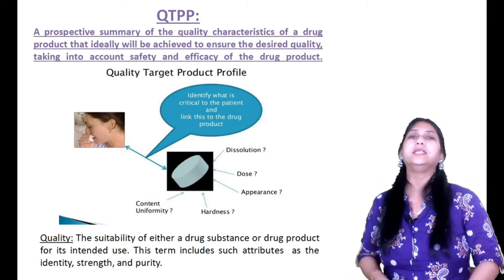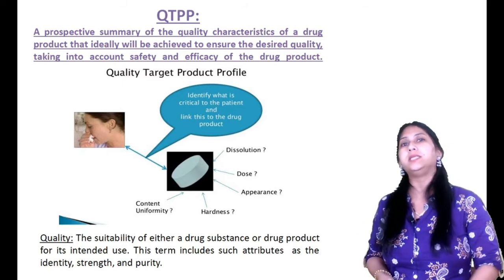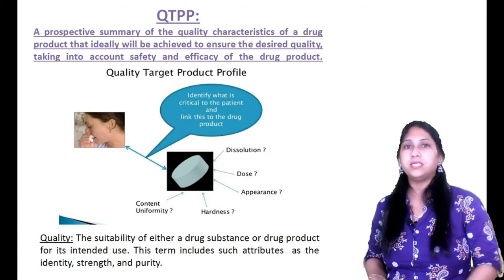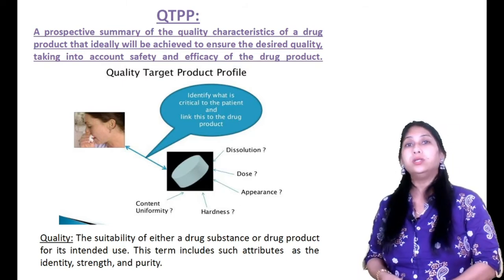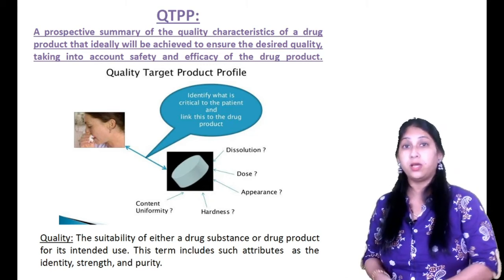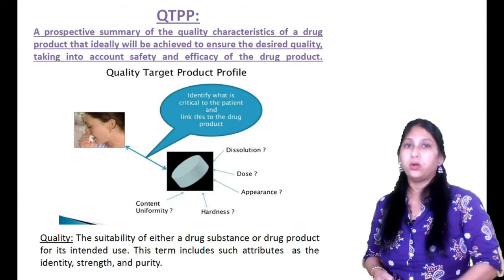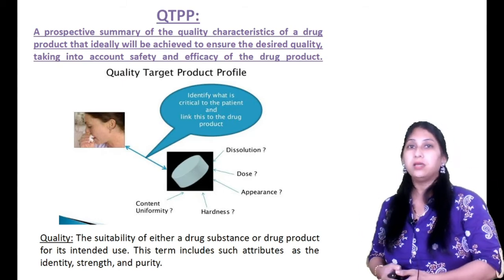So let's see the first element, that is QTPP. This is a summary of the characteristics of the product that ensures the quality along with the safety and efficacy of the product. So here QTPP involves the characteristics of the product which affect the patient, or we can say the characteristics which are critical to the patient.